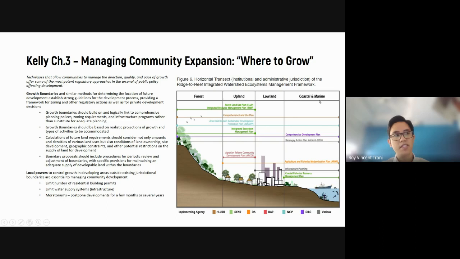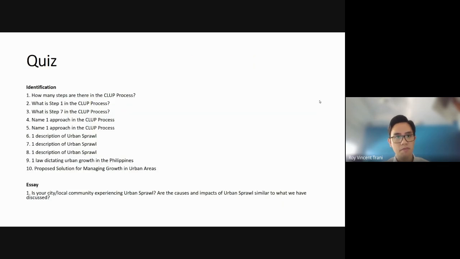But it's also challenging because there are so many different governing bodies that it's hard to coordinate with all of them. The CLUP tries to create a guideline for how this process should be done, or basically advise how it should be done.